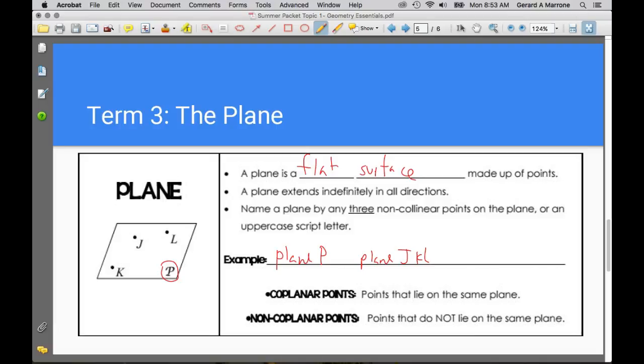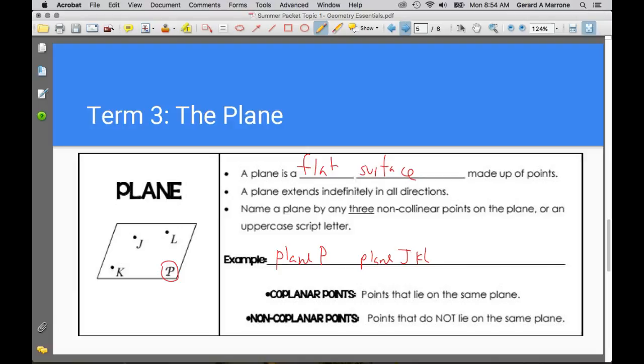And just like when we have collinear, points that lie on the same line, we have coplanar, meaning points that lie on the same plane. So J, K, and L in our example are coplanar points. If we had a second plane that went through there in a different direction and there were points on it, those would be considered non-coplanar with the points that we have there.